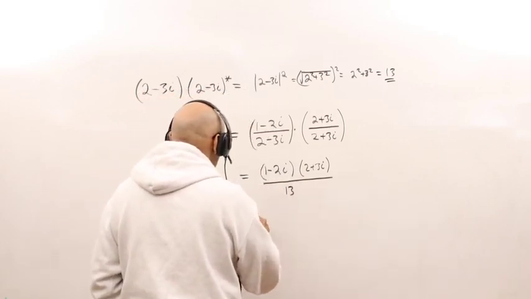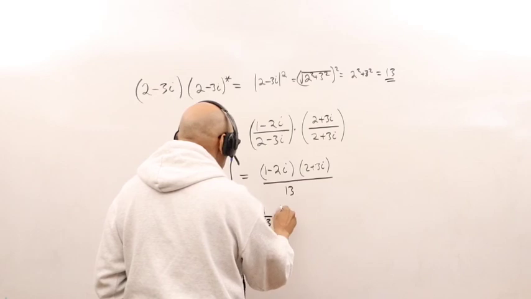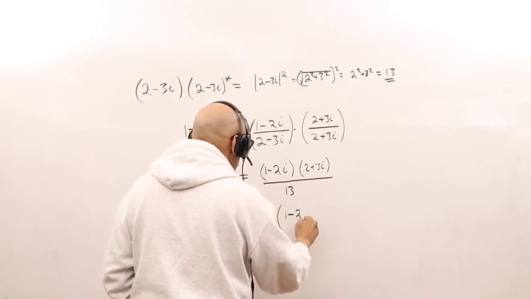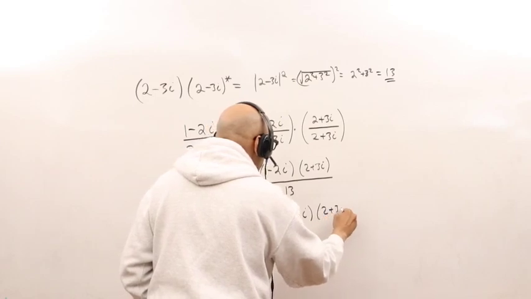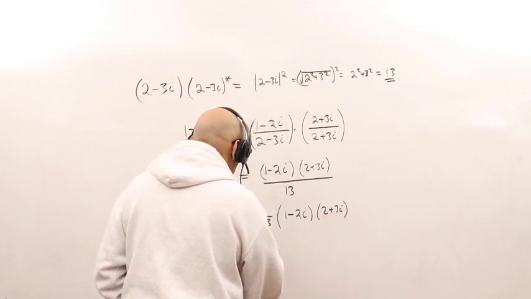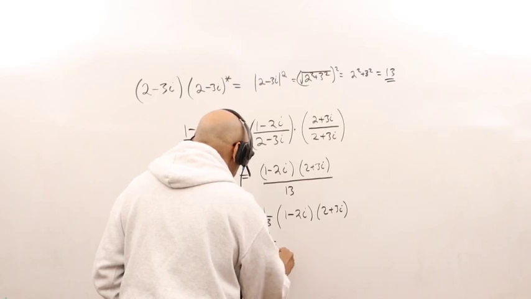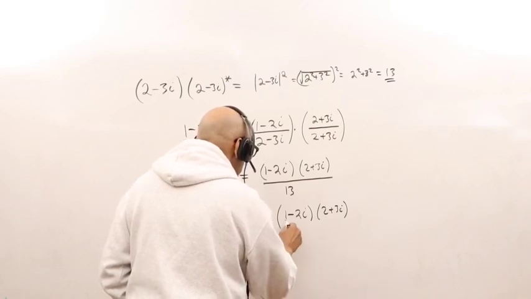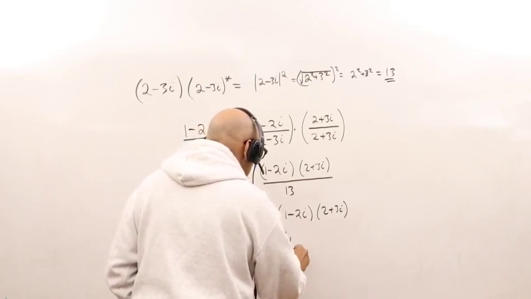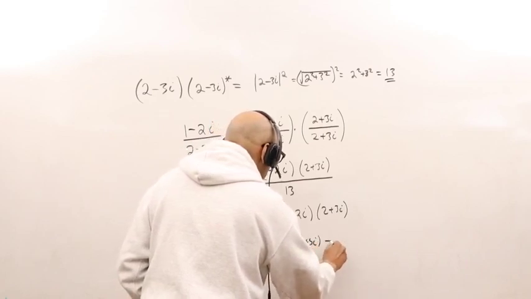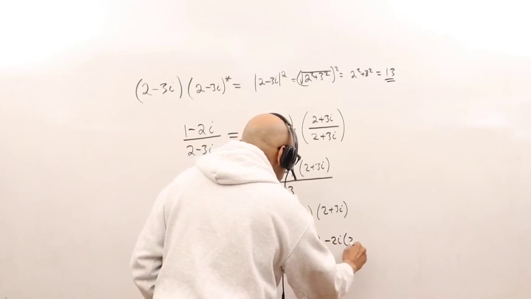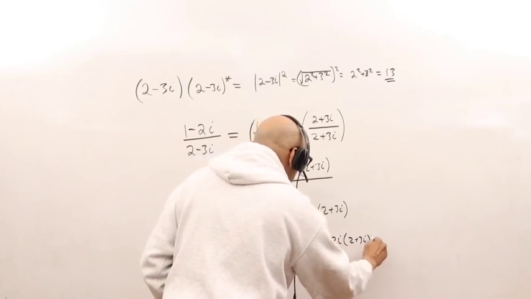So we can just do a regular expansion: (1 minus 2i) times (2 plus 3i). So this is 1 times (2 plus 3i), minus 2i times (2 plus 3i).